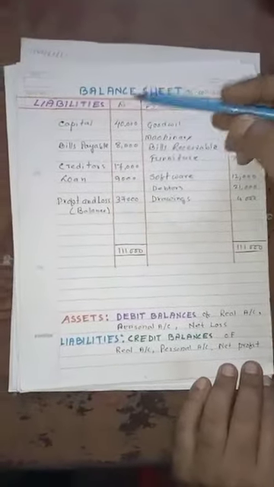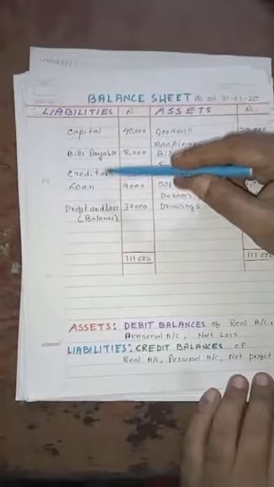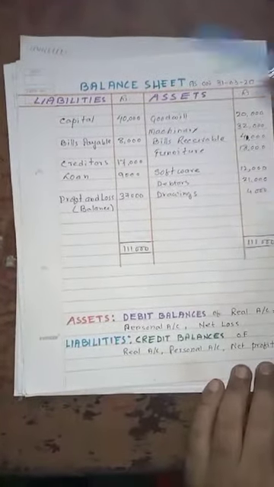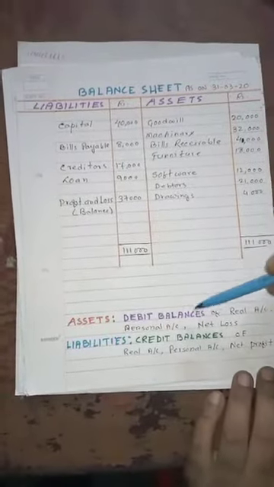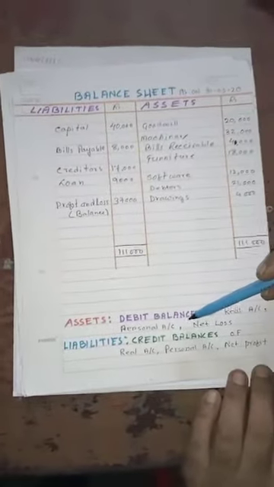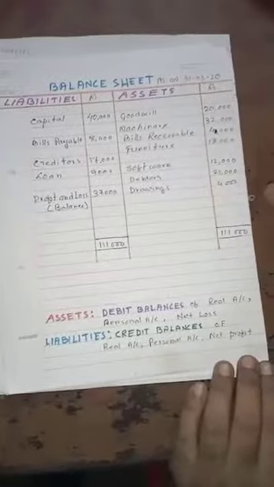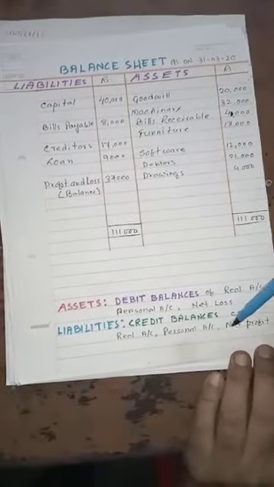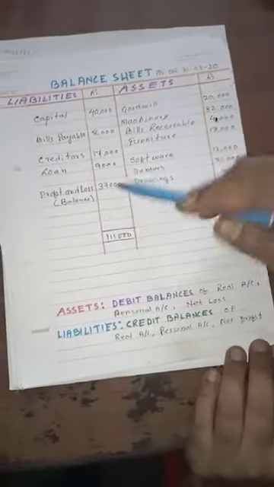And credit balances are recorded in the liability side. Debit balances of real and personal accounts from the trial balance will go to the asset side, and credit balances will go to the liability side.